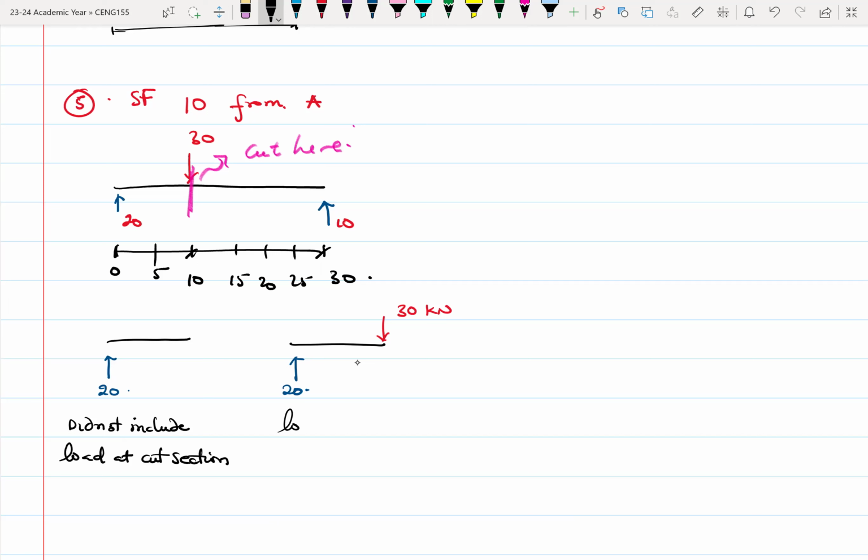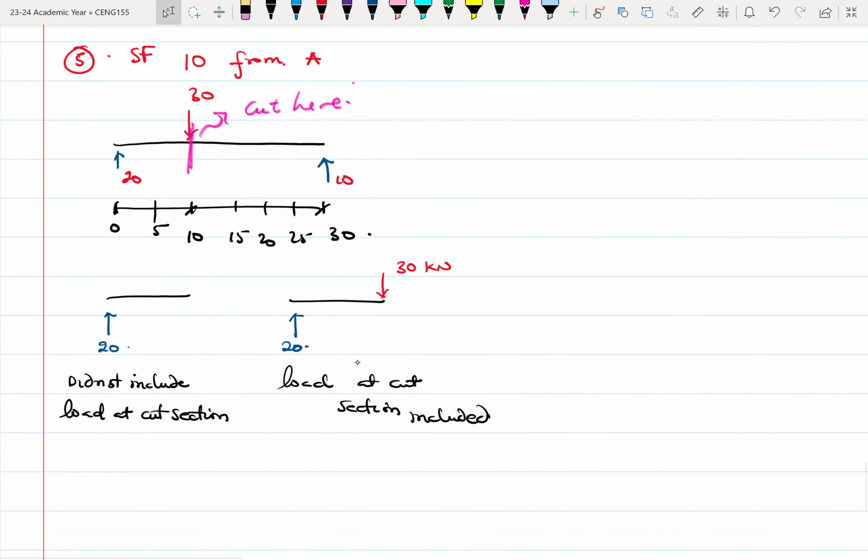And here, load at cut section included. And the interesting thing is that both of them are correct. Not including or including, they are both correct.